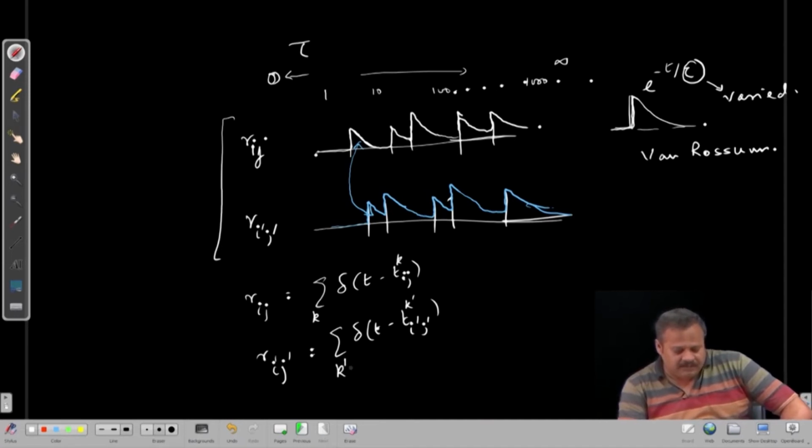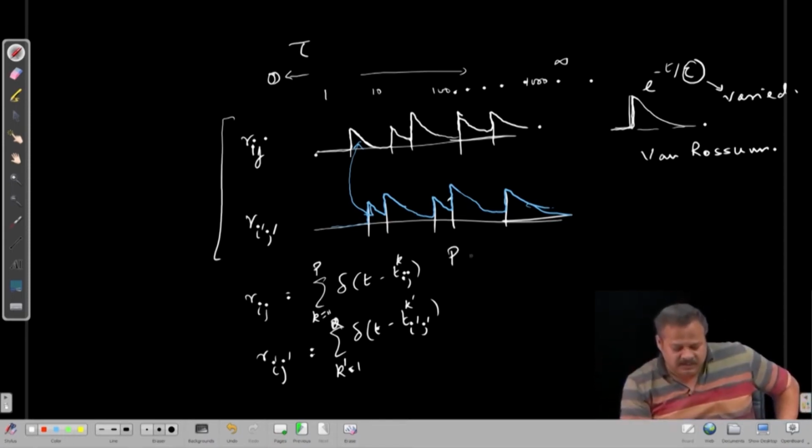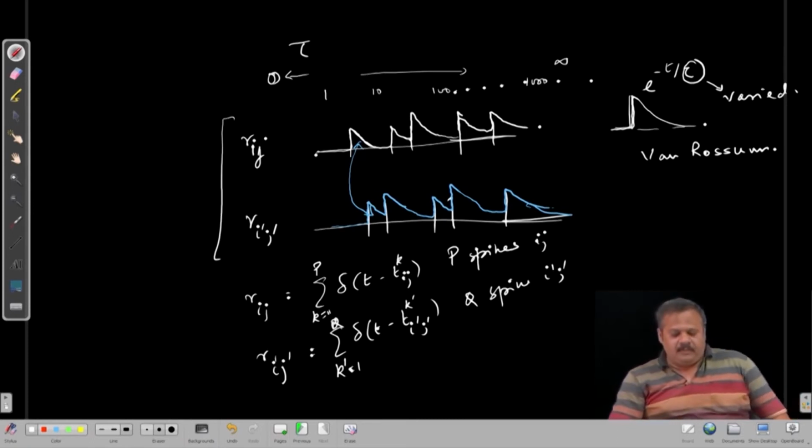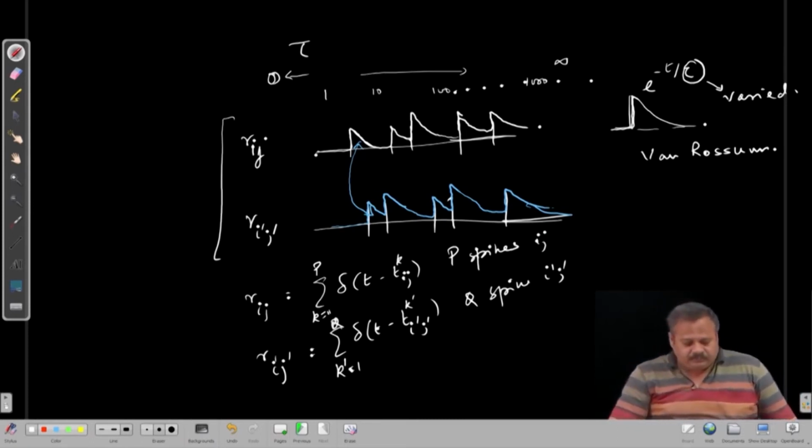So let us say this is going from 1 to p, and this is going from 1 to q. So p spikes in the ij spike train and q spikes in the I prime j prime spike train, and that is being indexed by k.